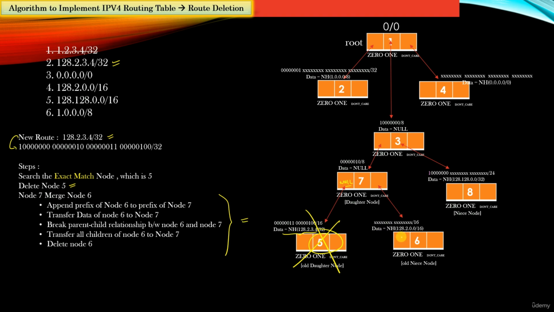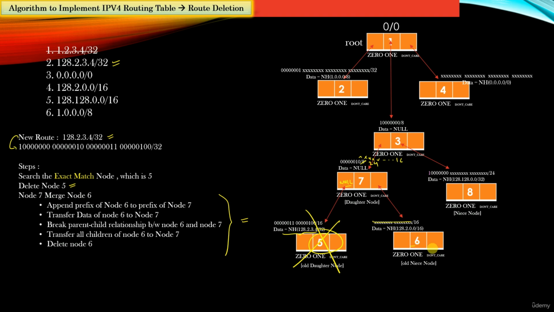You append the prefix of node 6 to the effective prefix of node 7. So node 7's effective prefix would become xxxx 16 times, and the prefix length of node 7 would become 24, because 16 don't care bits have been transferred to node 7.